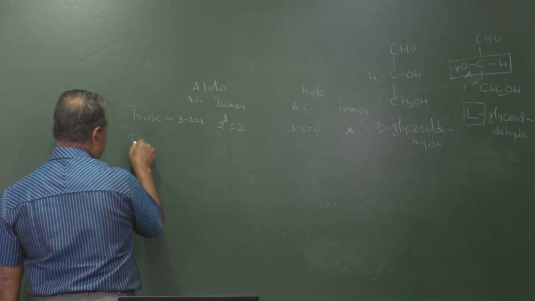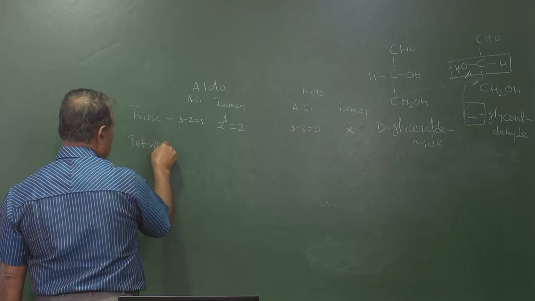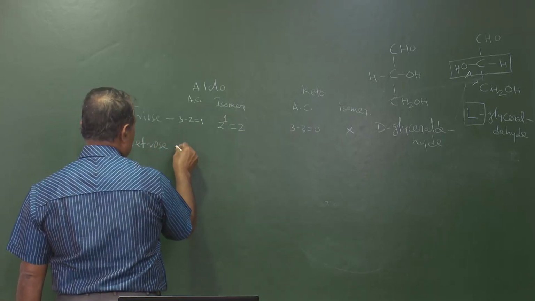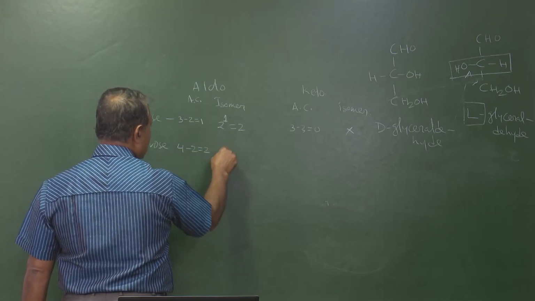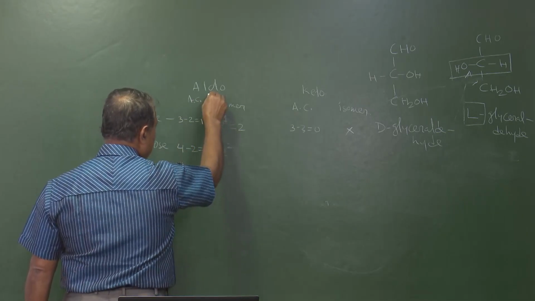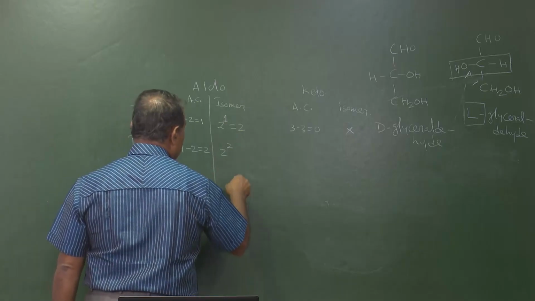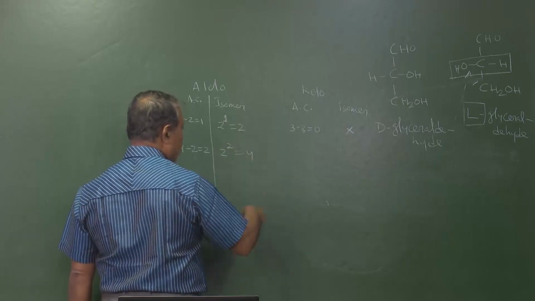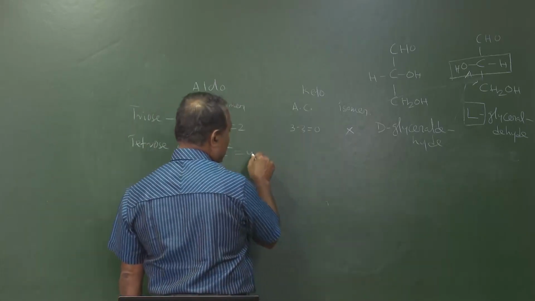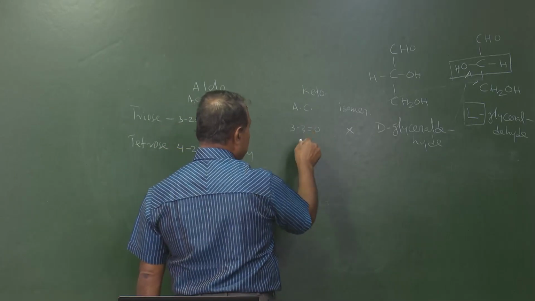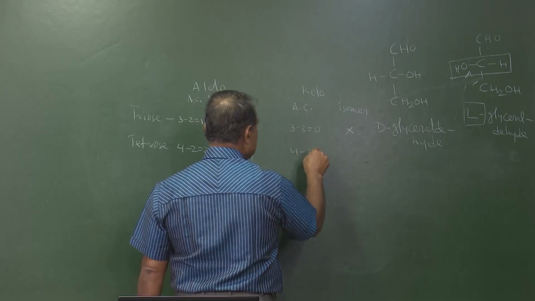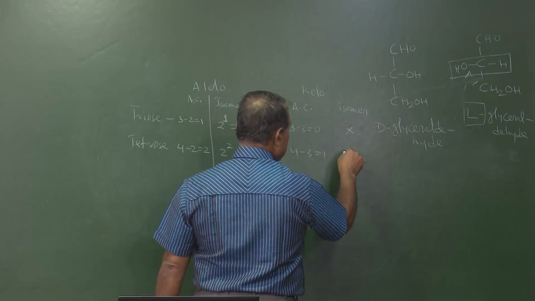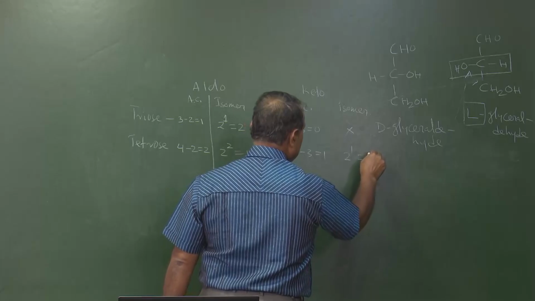Now when we go for tetrose, here it is 4 minus 2 is equal to 2, 2 to the power 2 is equal to 4. So 4 isomers will be possible here. Now coming to the keto, here it will be 4 minus 3 is equal to 1. So here it will be 2 to the power 1 is equal to 2.